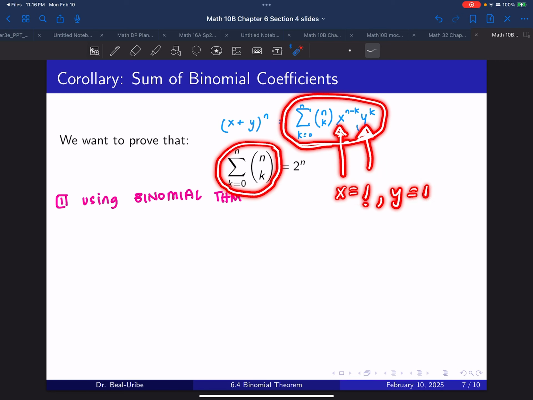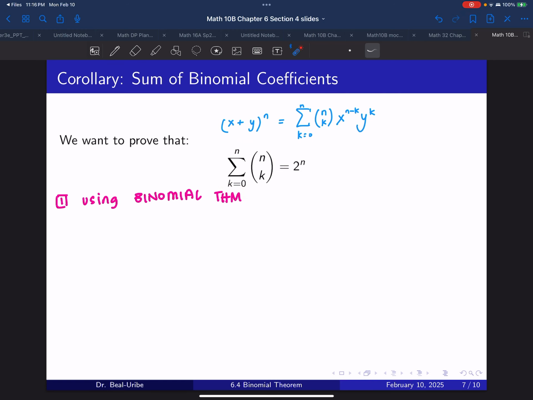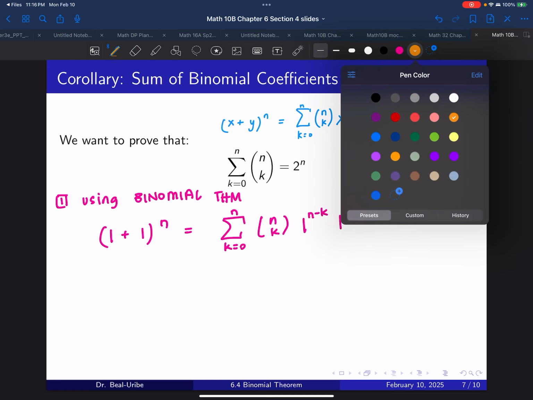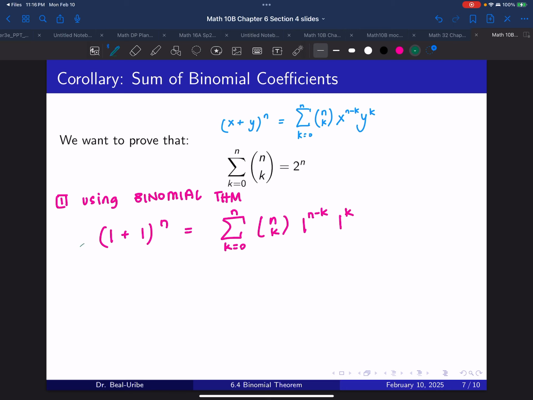If x and y are both equal to 1, then x to the n minus k is always going to be 1, and y to the k is always going to be 1. So (1 plus 1) to the power of n is equal to the sum of n choose k, 1 to the n minus k, times 1 to the k, as k runs from 0 to n. The left-hand side, of course, is equal to the thing we want, which is 2 to the n. And the right-hand side is just equal to the other thing we want, which is the sum of n choose k from 0 to n. So we're done.